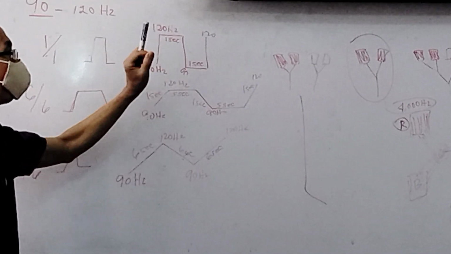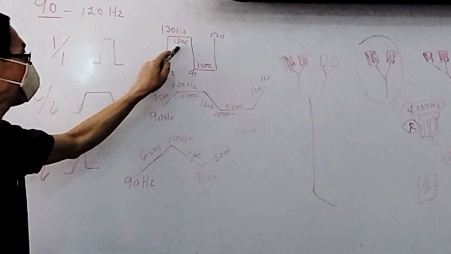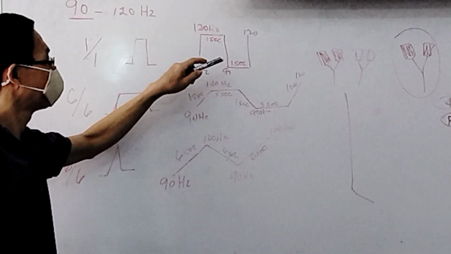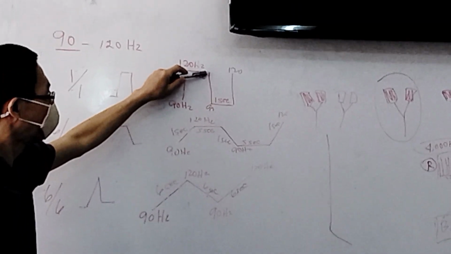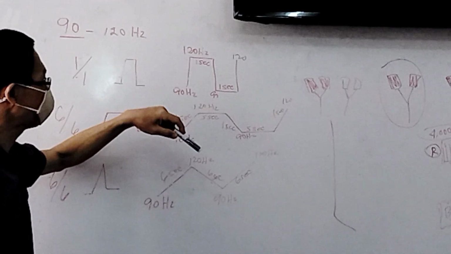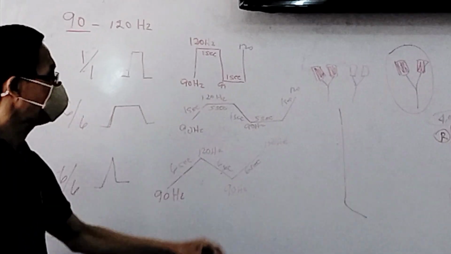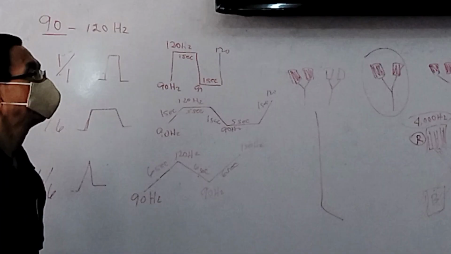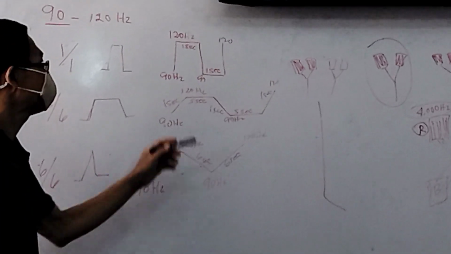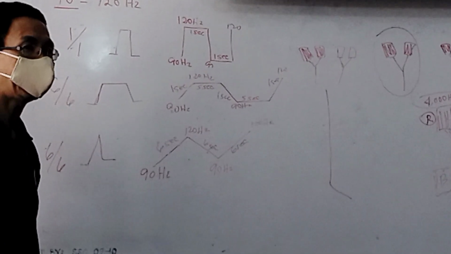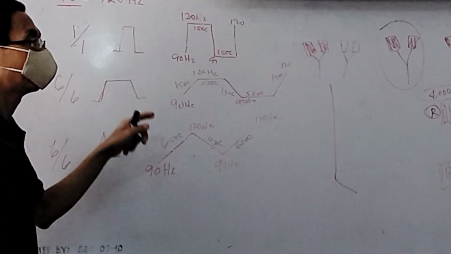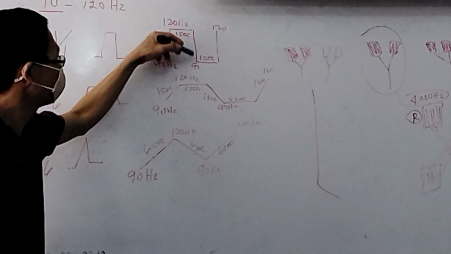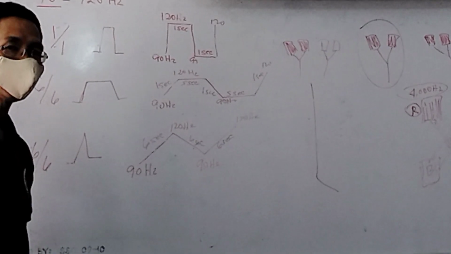Once it reaches 120 hertz, it will stay there for 1 second. After that, it goes back to 90 hertz, then stays there for 1 second. After that, it goes up again to 120 hertz and stays there for 1 second. So that is 1:1, and the symbol is more rectangular.